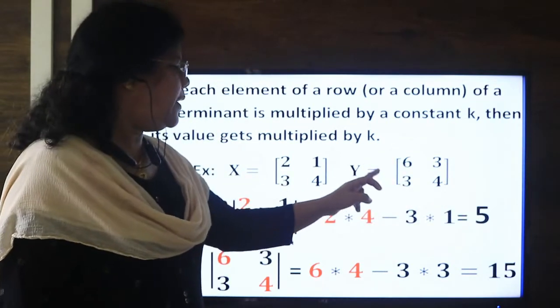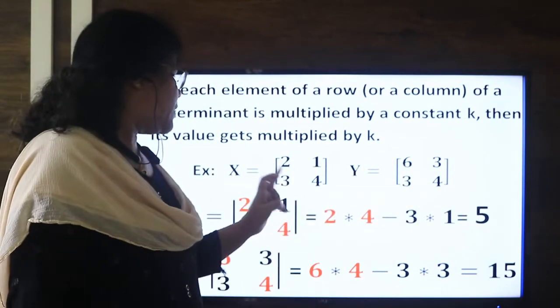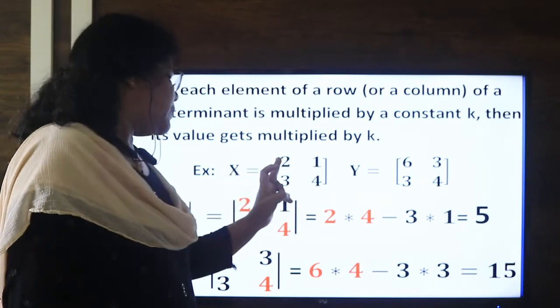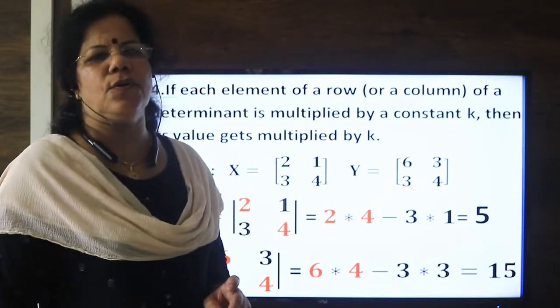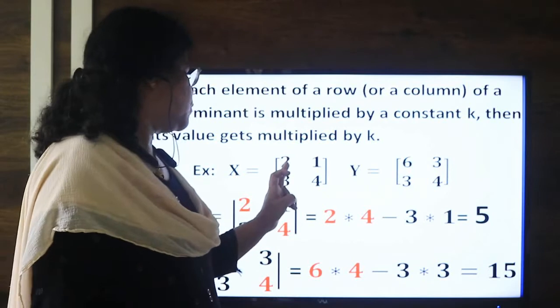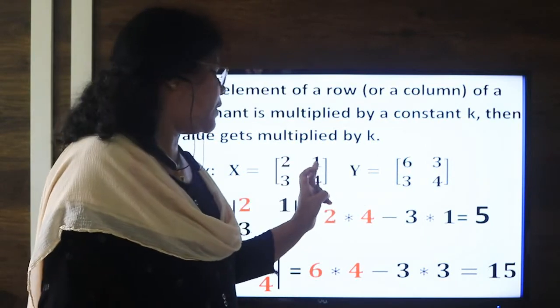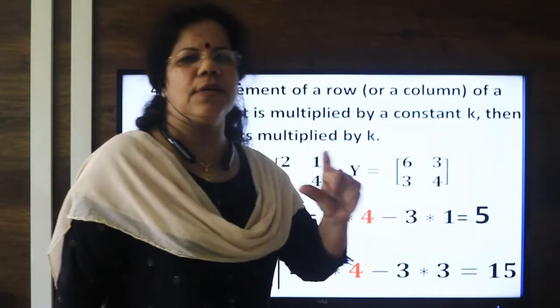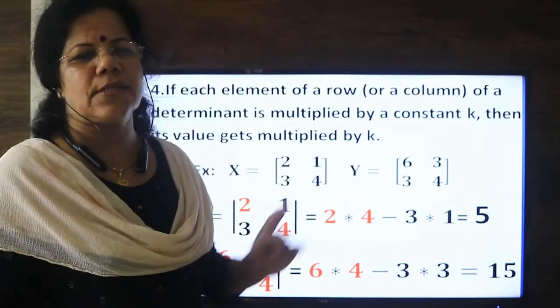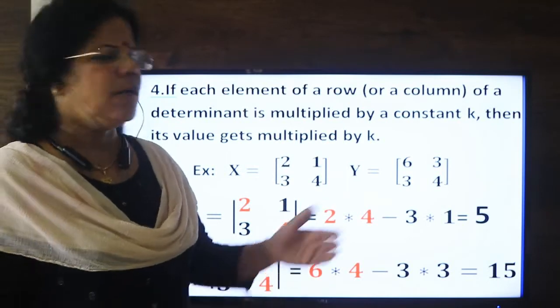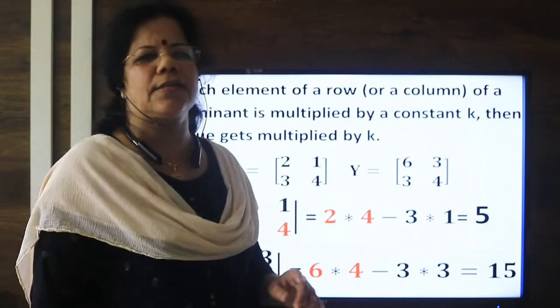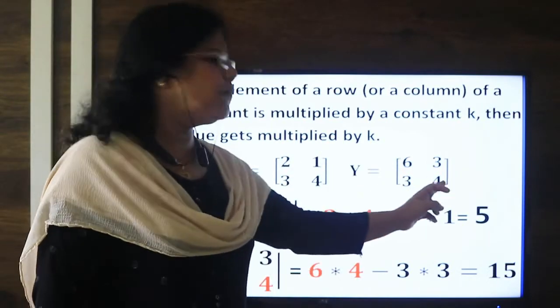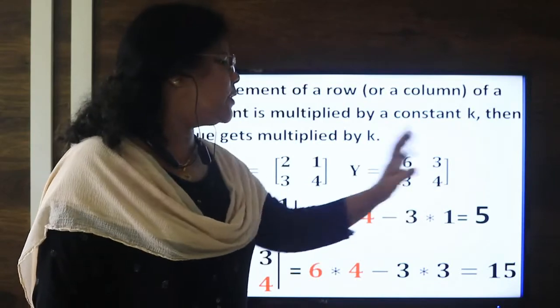Now Y is obtained by multiplying the elements of the first row with 3. That is, 2 into 3, 6, 1 into 3, 3, and the second row as it is. So each element of the first row is multiplied with 3. What is the difference in the determinant? That you have to see. For that, 6 into 4, 24, minus 3 into 3, 9.